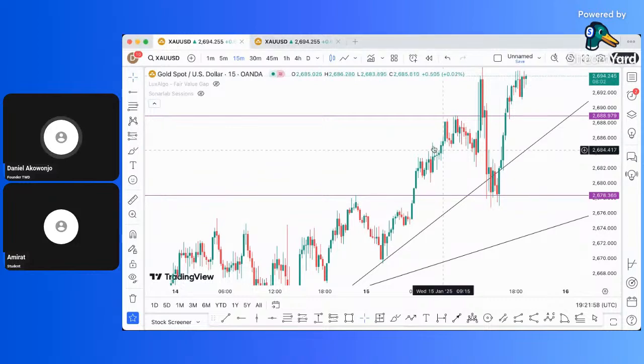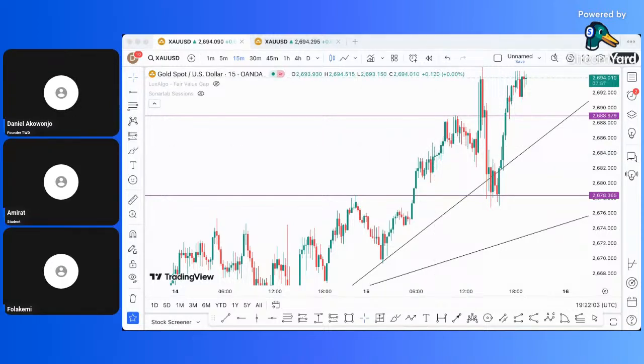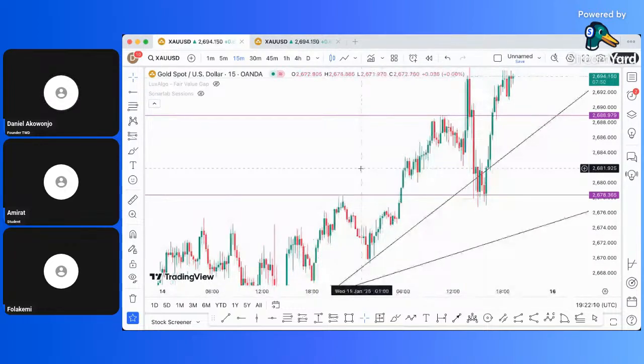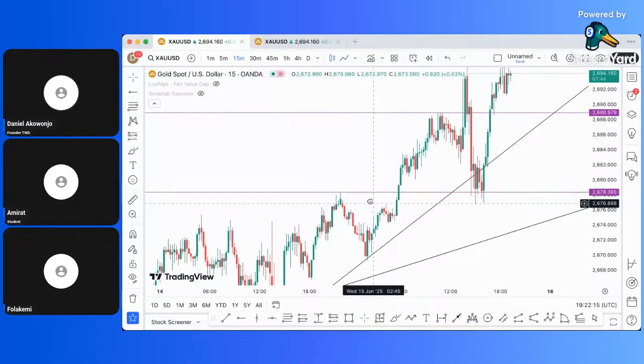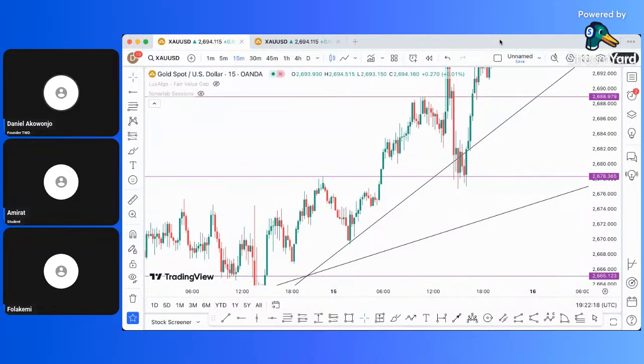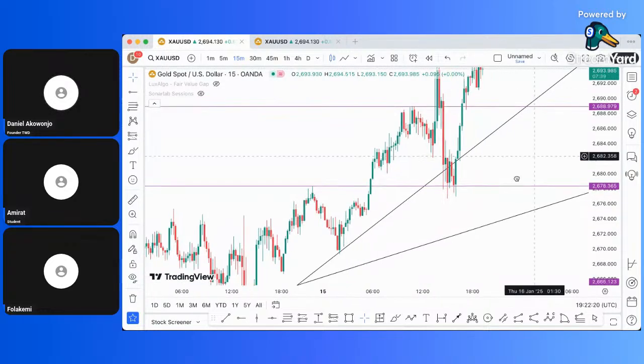All right. So now going back to what I was saying, as you can see clearly now, we can see major rejection points of the market.